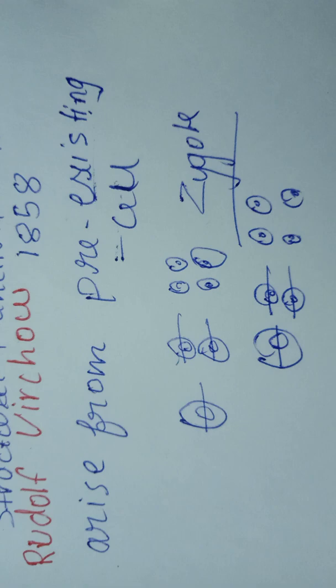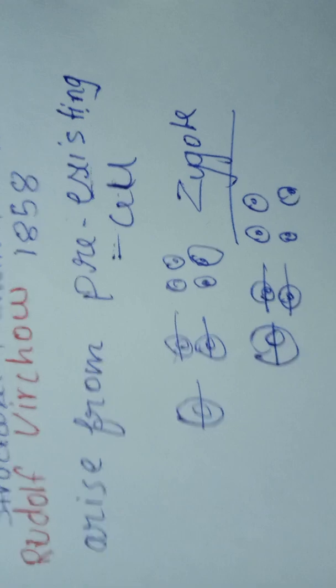Understood? No doubts? Right. Now we have learned the cell theory, how each and every living being has cells. Now how many cells will every living being have? So that category was divided into three.